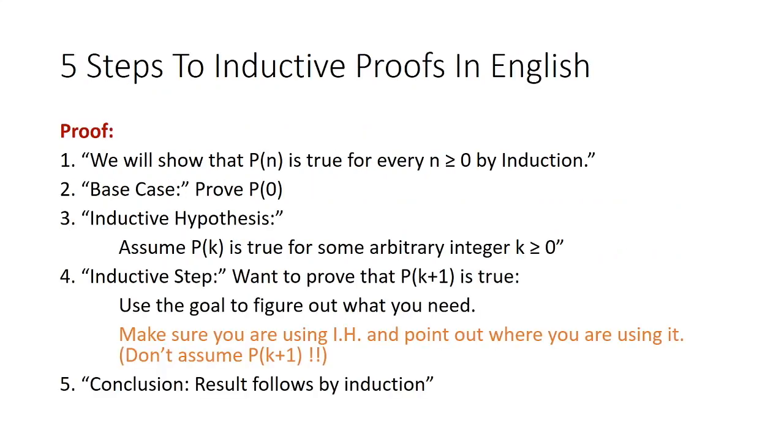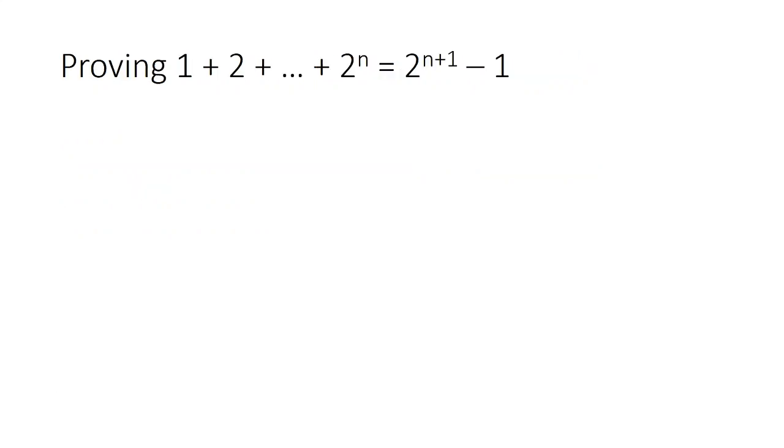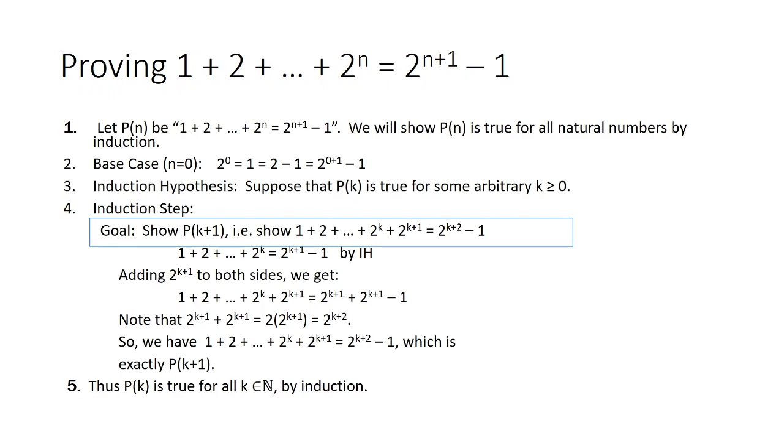So we have seen the induction proof steps. We will use these steps to prove that. First we have the problem. We know P of n will be 1 plus 2 plus and so on, up to 2 to the nth. That is equal to 2 to the n plus 1 minus 1.